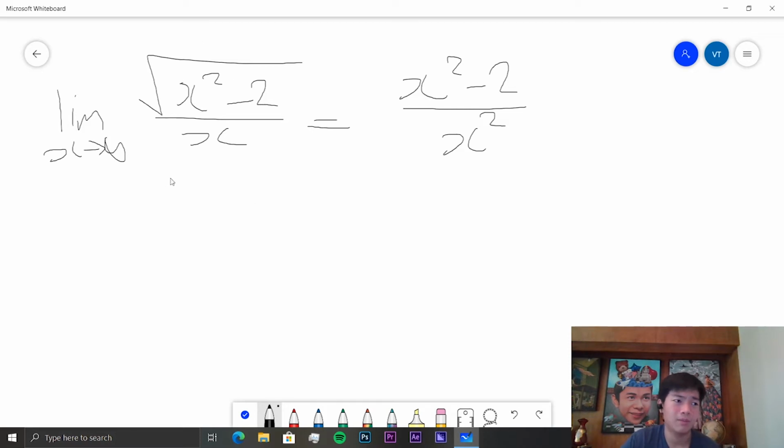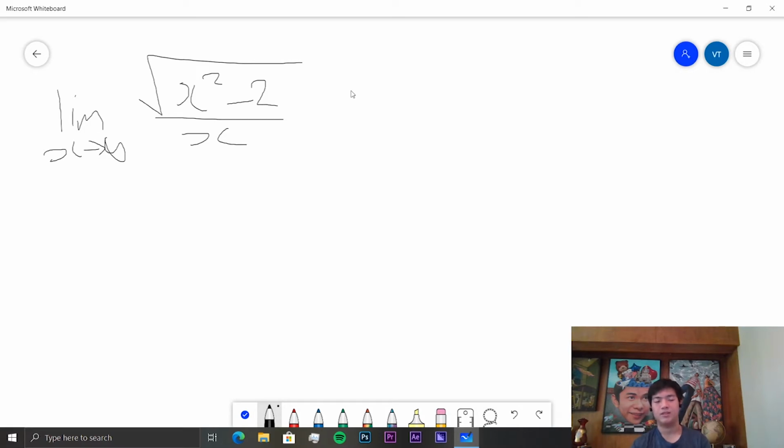Yeah, square both top and bottom. Hold on, no, we can't. Ignore what I said. What will be the best way to go about this? We could multiply this. I guess we could multiply both top and bottom by the numerator.